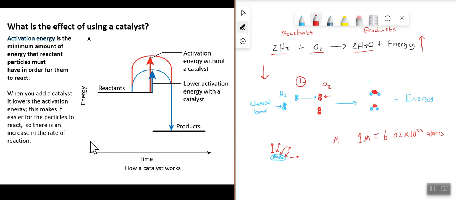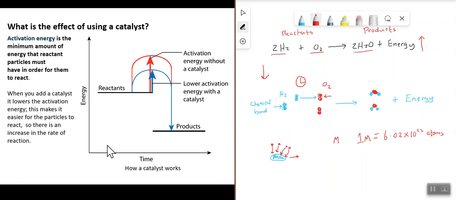These reactant particles have to have a sufficient amount of energy in order for them to be able to react. And the amount of energy that they have to have so that when they collide they'll react is called the activation energy. So if, for example, these reactant particles have energy that's really down here, what's going to happen is they will just bounce off each other.